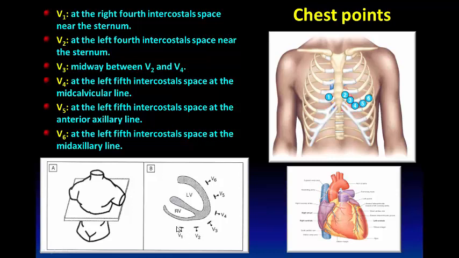The V1 and V2 chest points face the anterior surface of the heart. V5 and V6 face the anterolateral wall of the heart, and V3 and V4 face the septum. So they face the anteroseptal portion of the heart.